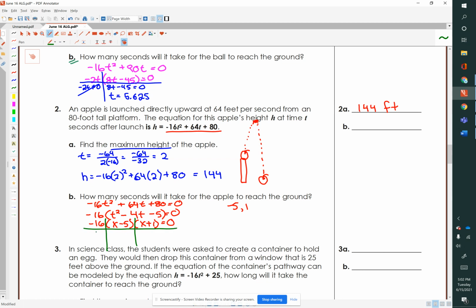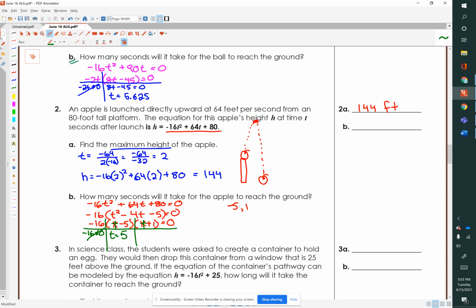So negative 16 cannot equal 0, so that's a throwaway answer. Then we have t, I wrote x, but these are t's. Such a habit. So if t minus 5 equals 0, t equals 5.